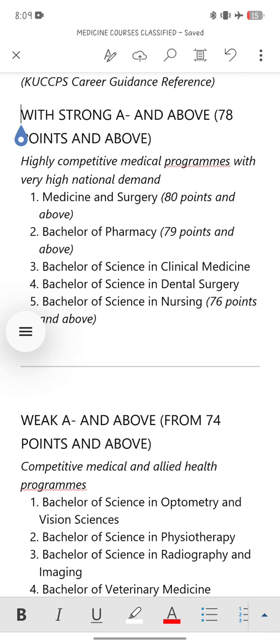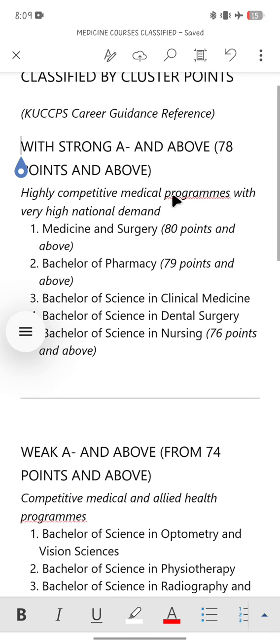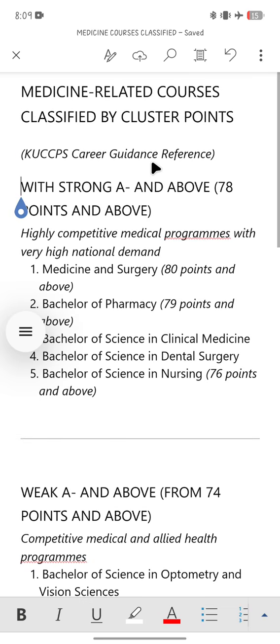We proceed now with the issues to do with cluster points. Whatever I'm going to talk about right now touches more on cluster points. Cluster points apply to students who are going to do the application through Kuccps, or students who are going to be government sponsored.